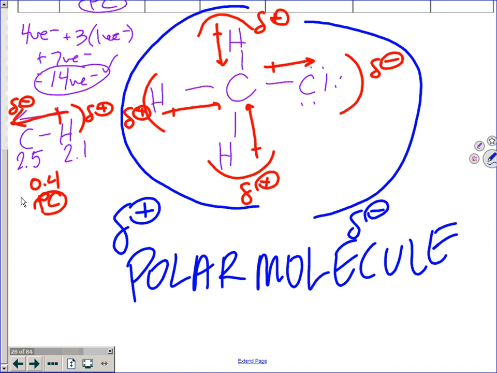If these two were partially negative and these top two were partially positive, they still wouldn't cancel each other out, because they have to be exactly left and right of each other to cancel out, like positive, positive, or negative, negative.